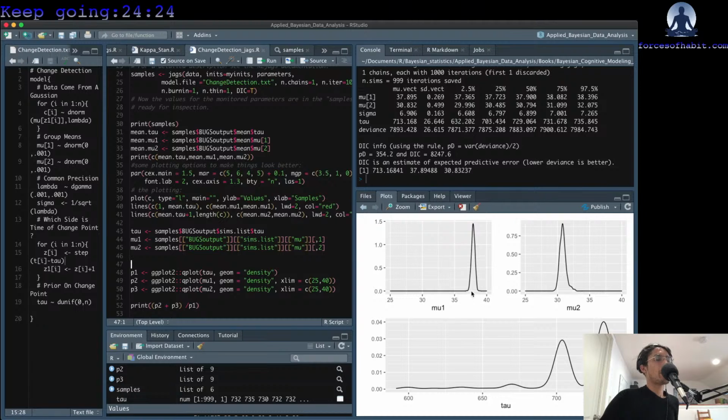Now we have the average for 1, which is higher than the average for 2. And then we have the distribution for change, which tends to be around this time point, but also could be higher.